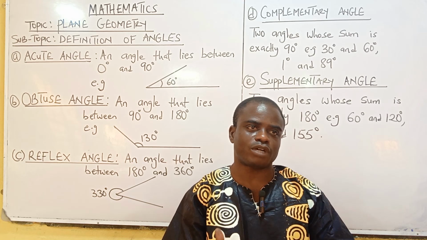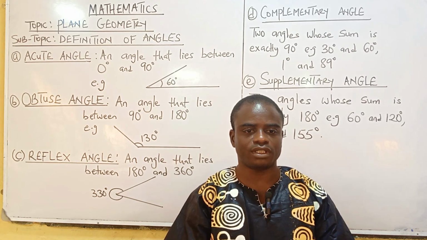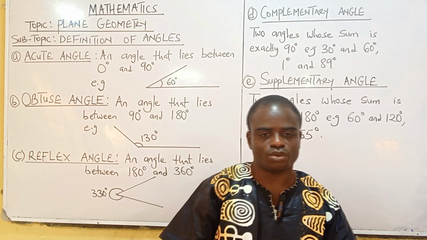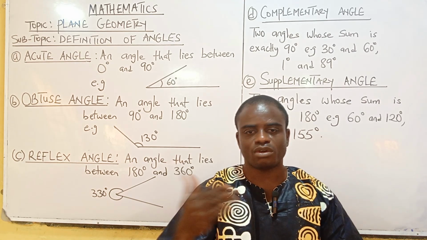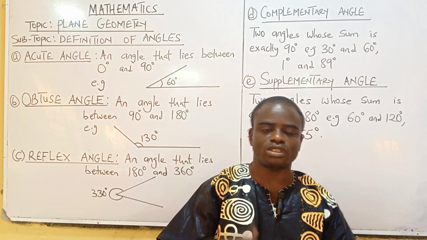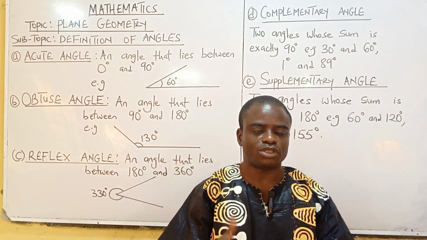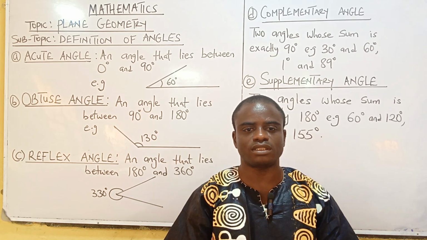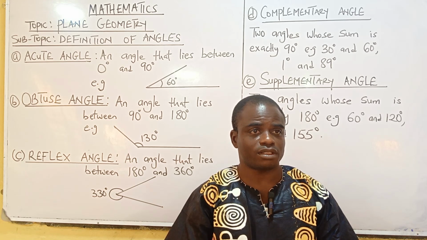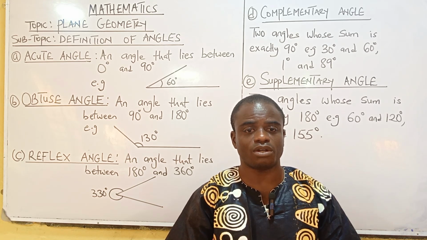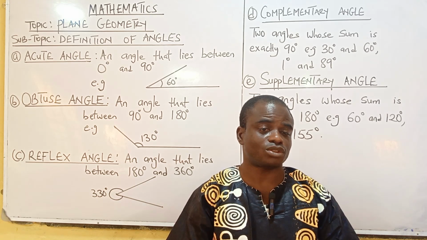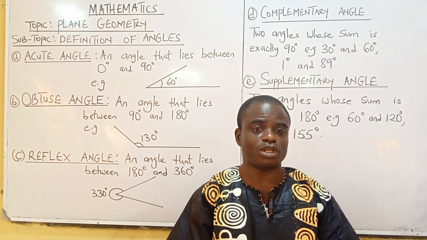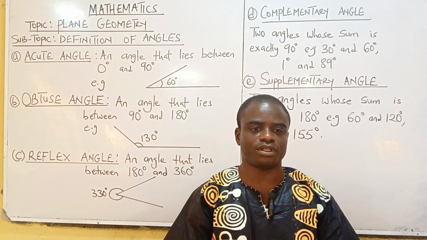Let me say, when you have 190 degree, it is above 180 degree, 190 degree, 200, 250. So far it is between 180 degree and 360 degree, it's referred to as reflex angle. 330 degree is also reflex angle. So far it is below 360 degree.